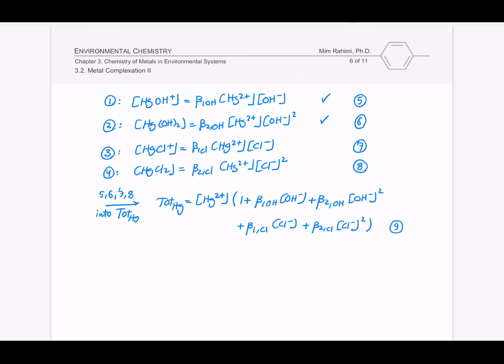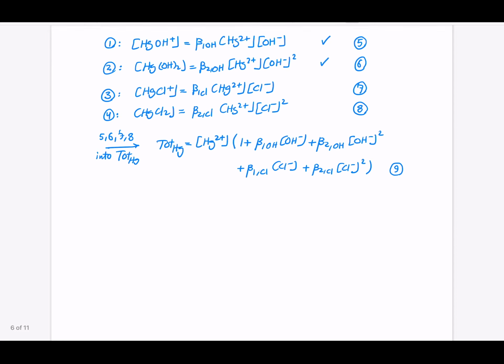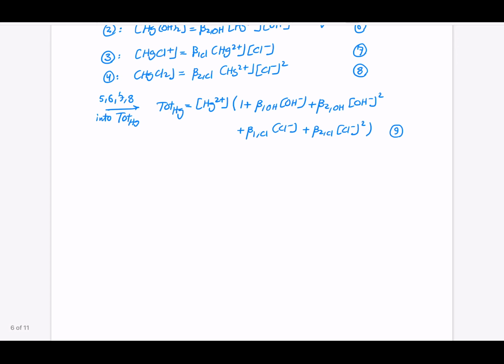To get to Cl minus, then we need to work with the mass balance of Cl minus. So the other expression we have. So we can put 7 and 8 into the mass balance of Cl.